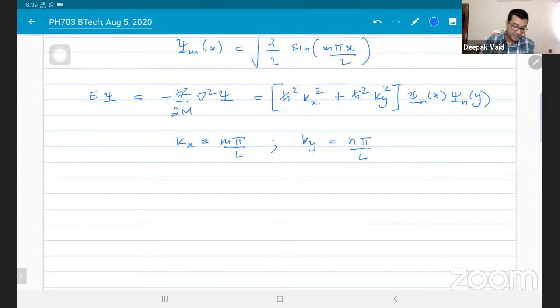Now, what this tells you, if you put this in, is that the energy is a function of these two numbers, m and n. And what is it? h bar square pi square by L square, and there should be a factor of 2m.